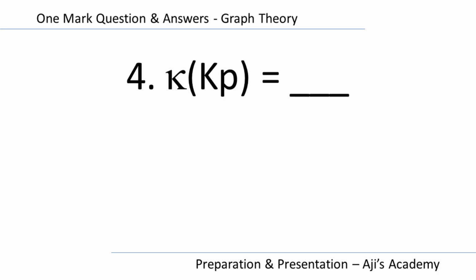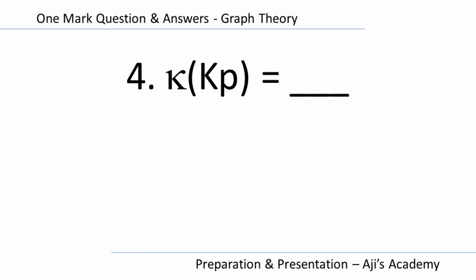Question number 4. Kappa of Kp. We know kappa means the number of vertices that we remove from a connected graph such that the resultant graph will be disconnected or trivial. So here they are asking kappa of Kp. We know Kp is a complete graph on p vertices. If we remove any smaller number of vertices from Kp, the graph will not be disconnected.